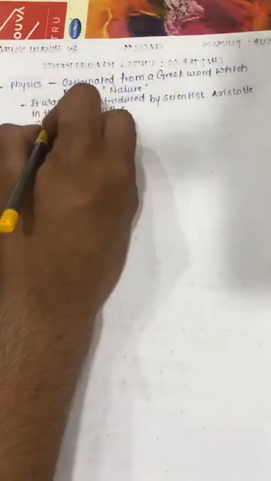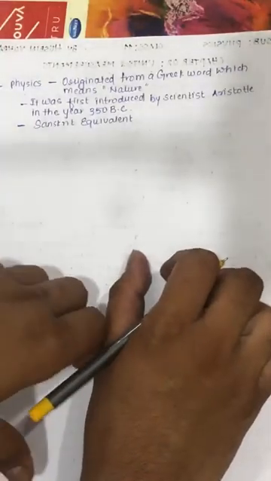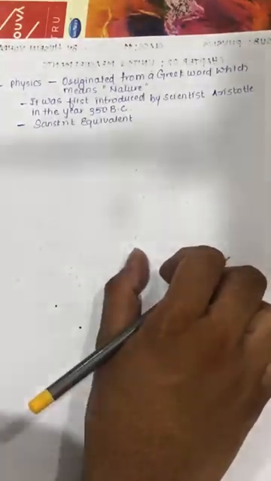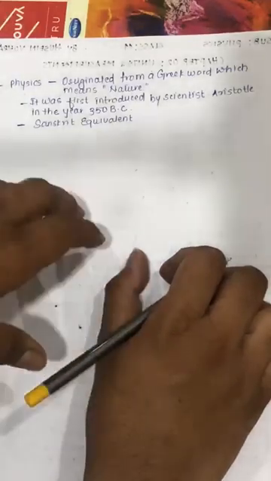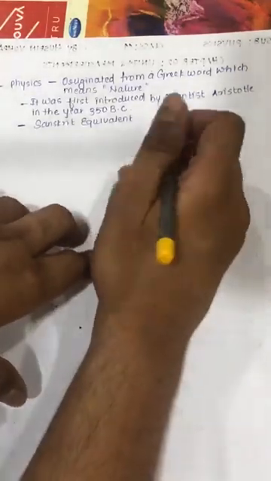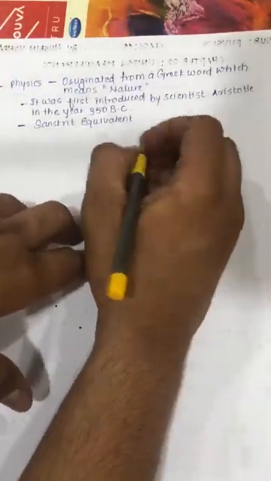Sanskrit equivalent of physics. We have already discussed the Sanskrit equivalent for science. Can anybody remember what was the Sanskrit equivalent for science? That was Shastra, and the Arabic equivalent was Ilm.